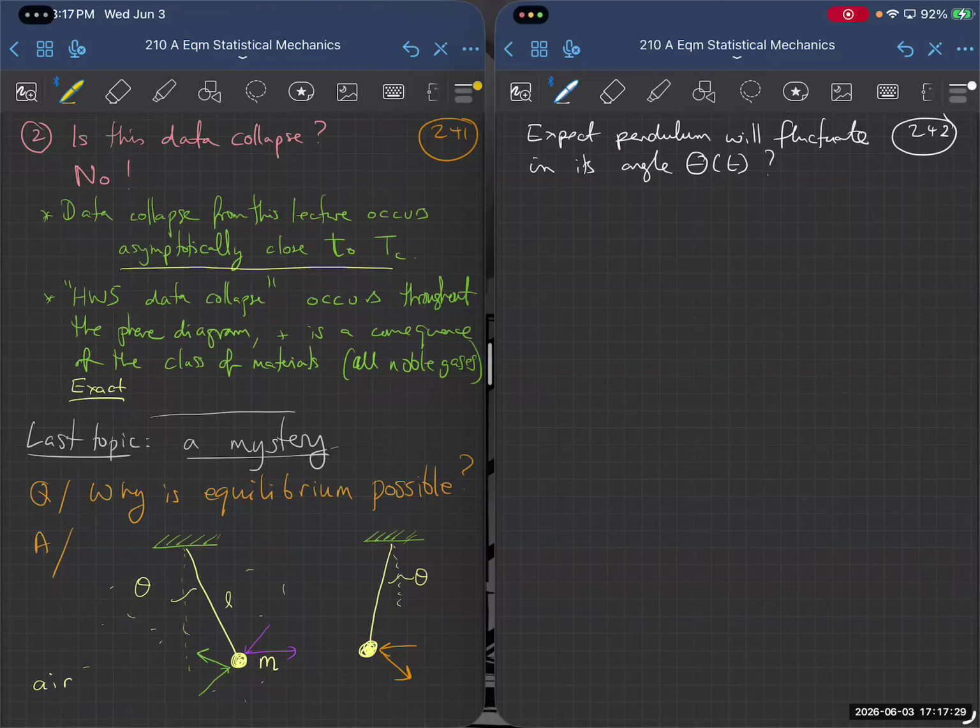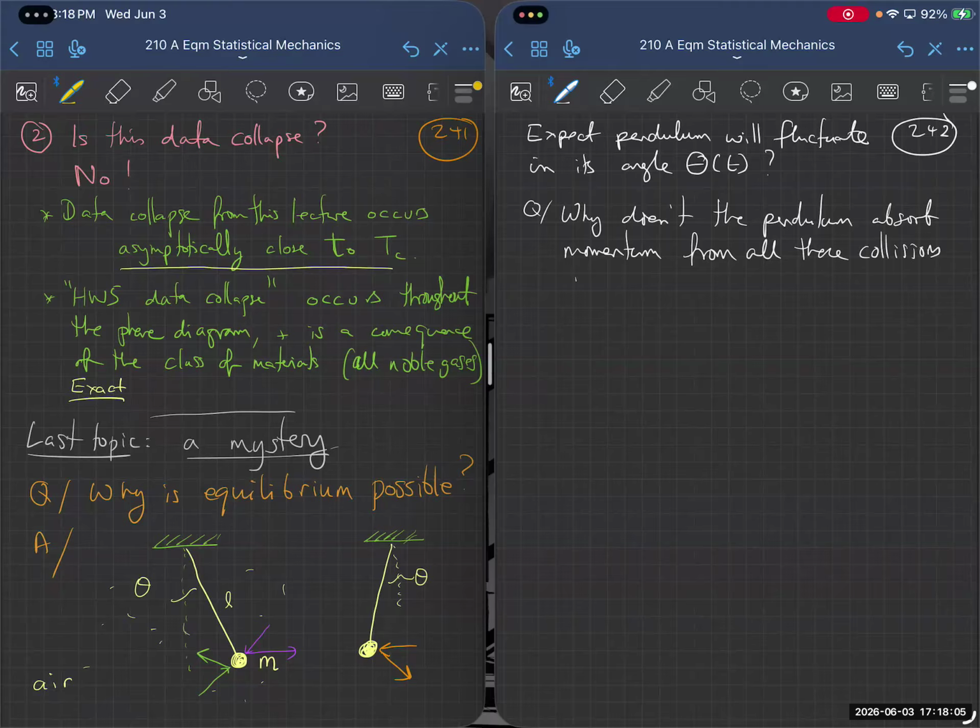So the pendulum is sitting there like this, and an air molecule comes in, bangs on the pendulum, goes off like that, and another one comes in, bangs the pendulum, and so on and so forth. So the question is, why doesn't the pendulum absorb the momentum from all these collisions and start swinging like crazy?